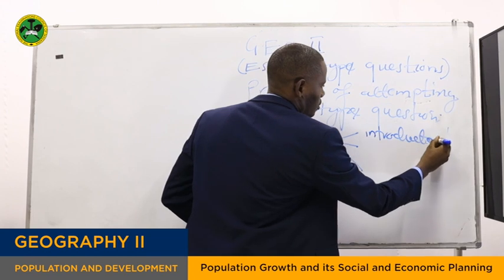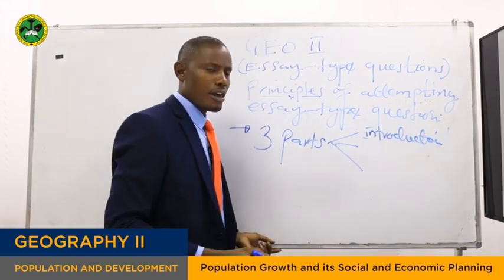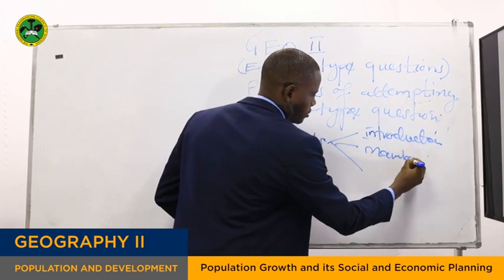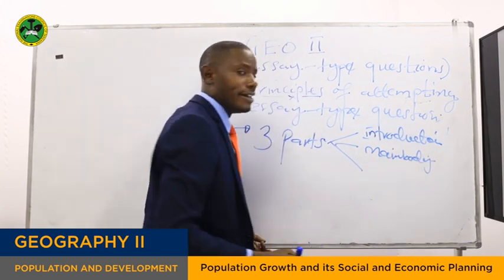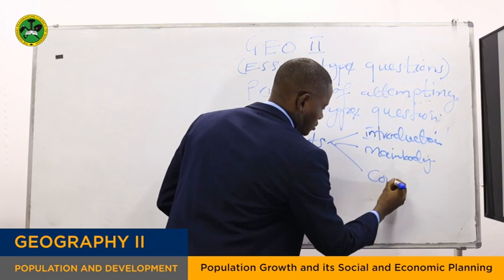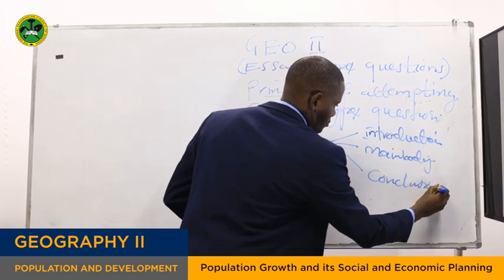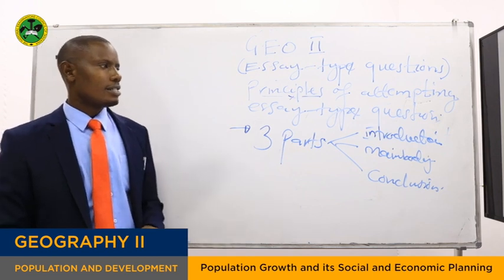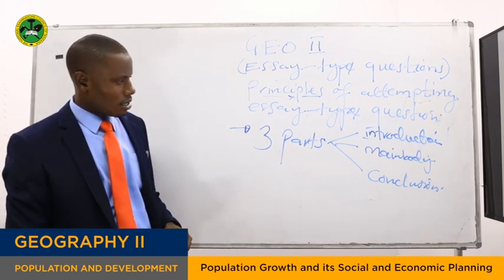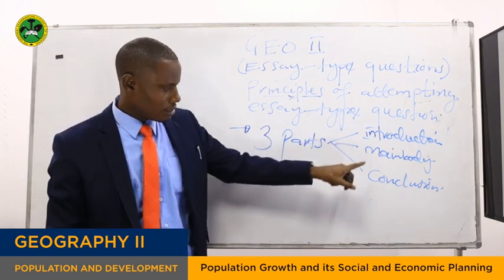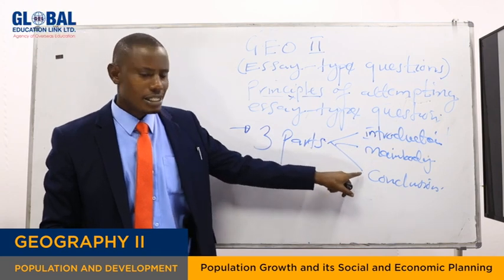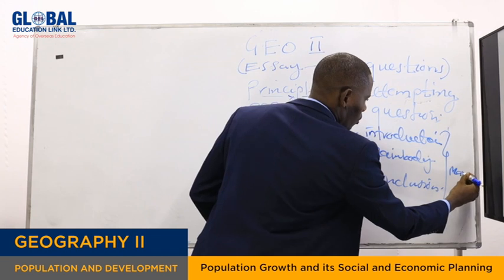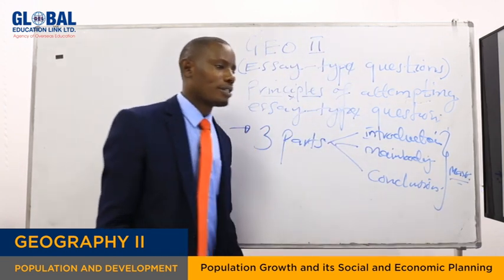Then the main body. And the third part is the conclusion. It should be noted that those parts, the introduction, the main body, and the conclusion, will count for some marks, since those marking your question will consider them.